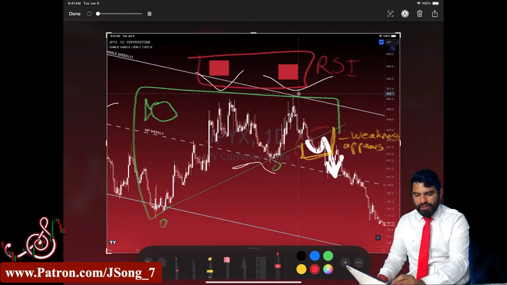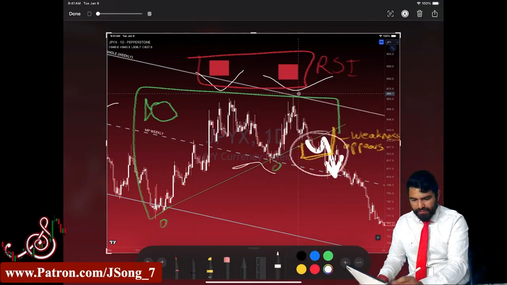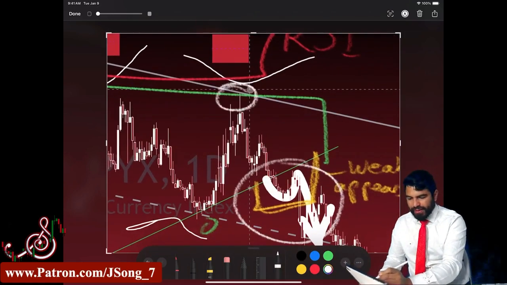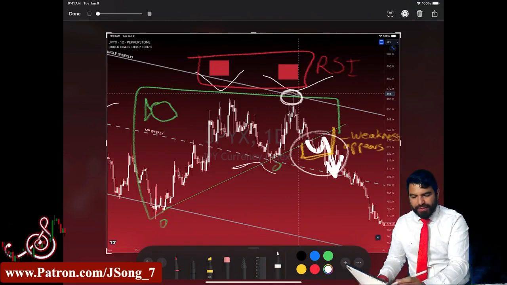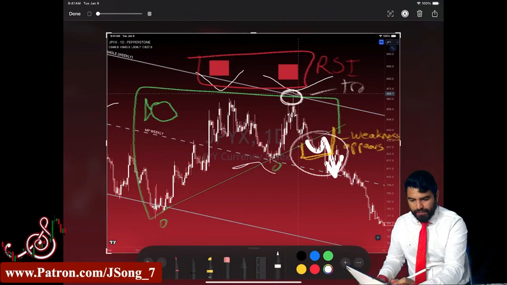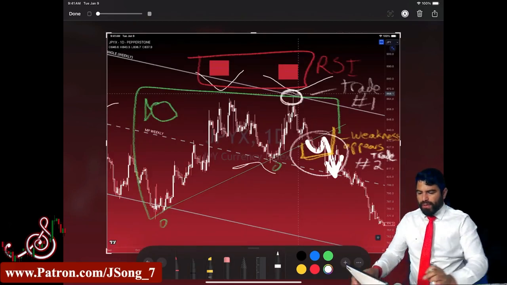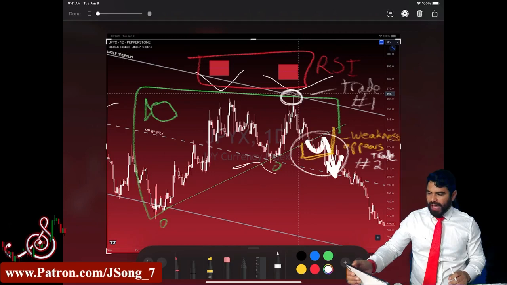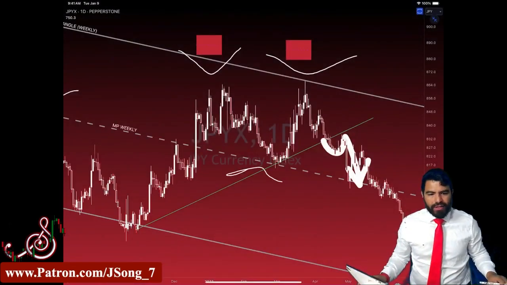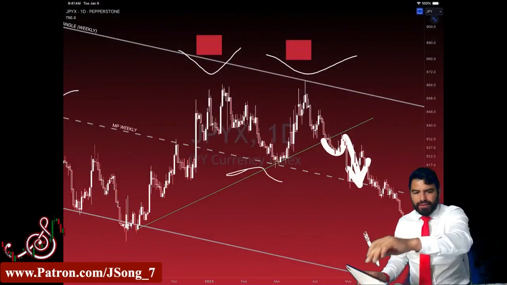And the trade should start in this area. That would have been the first place to take the trade, and the second place to take the trade. Trade 1, trade number 2. Okay, for your records, this is just a good habit to cut that fish in the wrong direction. All right, we're learning something.